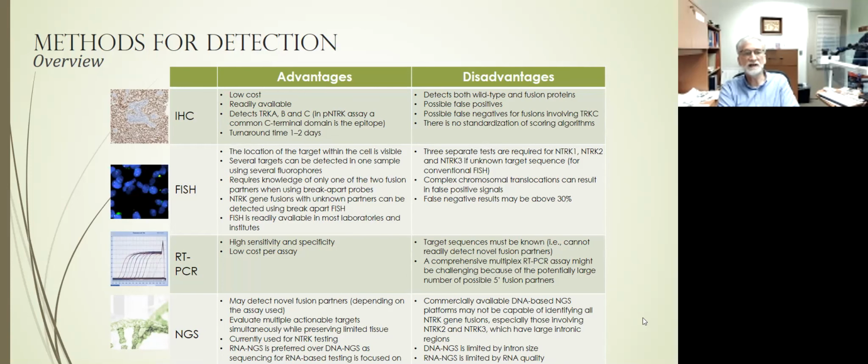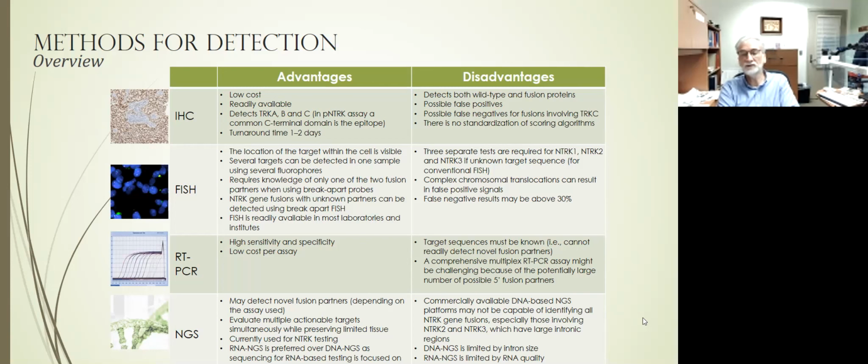So the first 3, IHC, FISH, and RT-PCR, require pretty much a defined target to look for. In IHC, that is a protein, more correctly, the epitope, which is the tyrosine kinase epitope that the antibody recognizes.